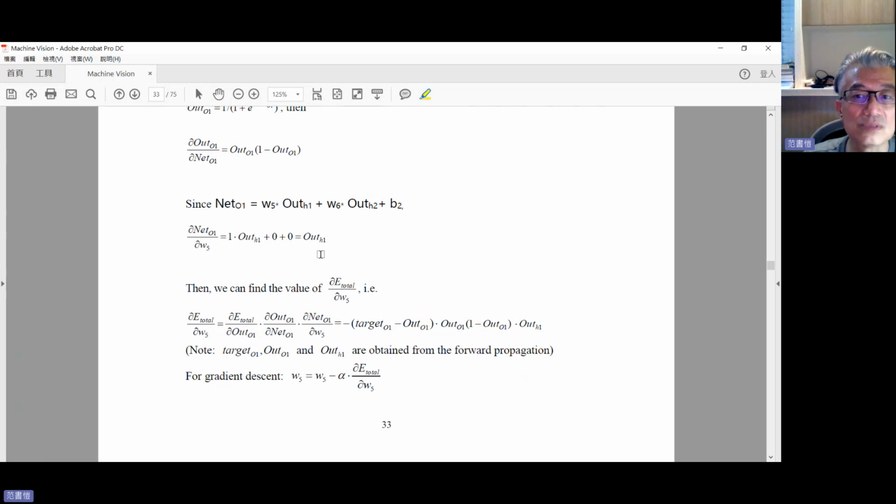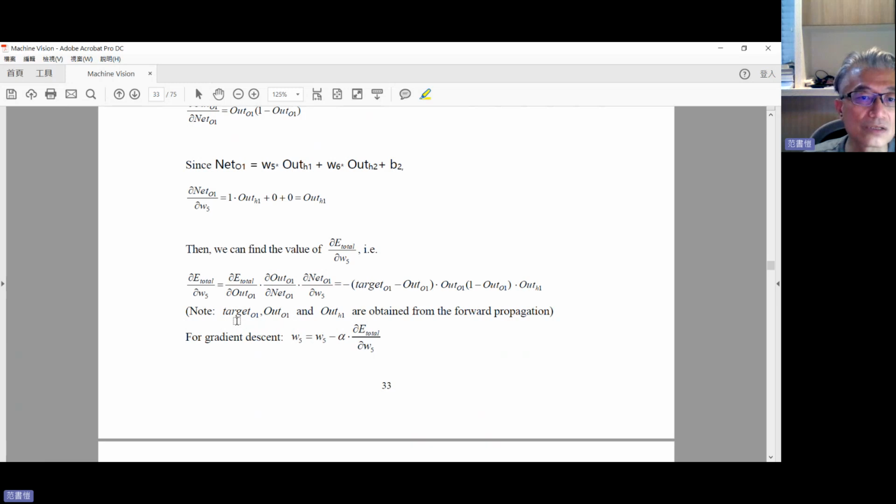That's equal to this. This is our H1. Note that the target O1, our O1 and our H1 are obtained from the forward propagation already. So they can be obtained, and the stochastic gradient descent can be performed.